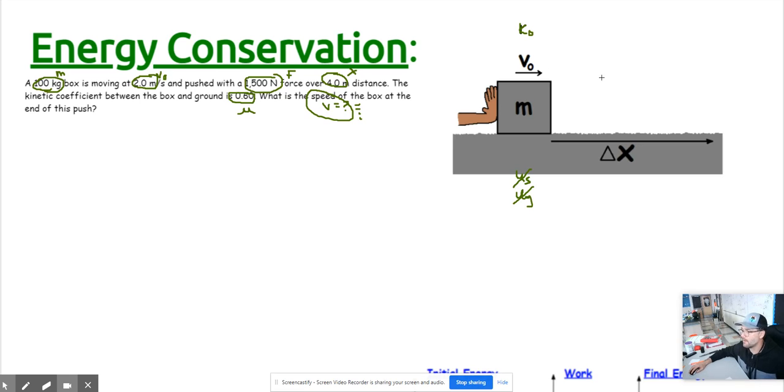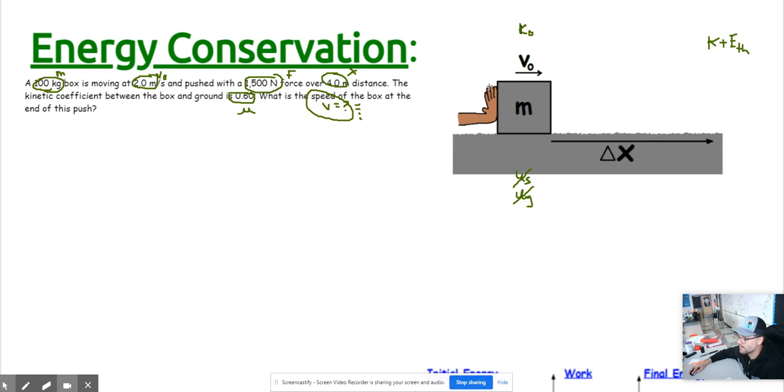Okay, so we know we have initial kinetic energy. And then by the time we end up pushing over here, maybe we're still going to have some kinetic energy, but we're going to also have some heat because we're going to be scraping along there, so we're going to have some thermal energy developed. And I'm going to call my system the box and the earth, which includes the ground here.